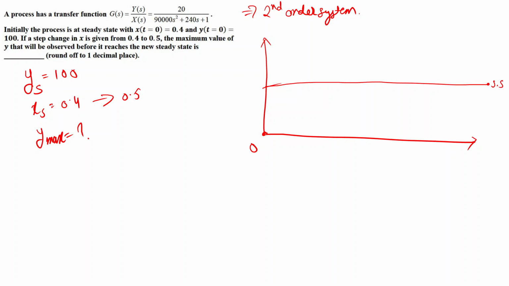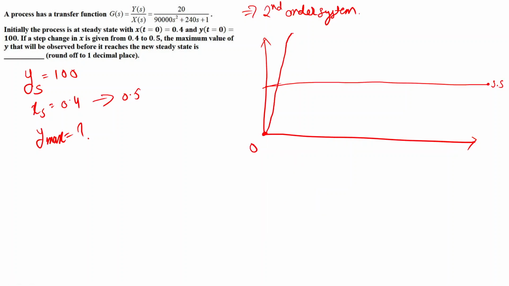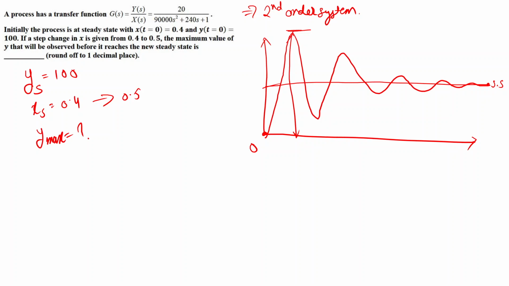It will start from 0, keep on increasing until a fixed point, and this will be the maximum value. From over here it will again decrease, reach a minimum value, then in such a manner it will keep on oscillating. At some time it will reach a steady state. So in this given question we have to find this maximum value, and this entire thing is y max. So we have to find this.